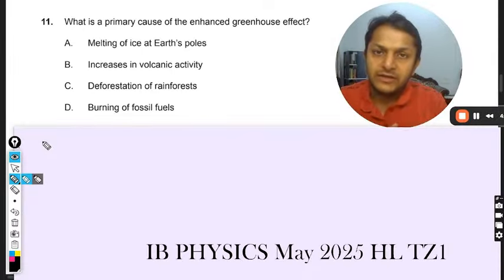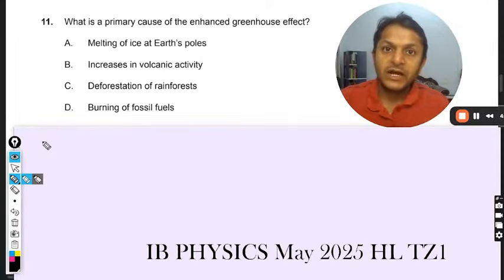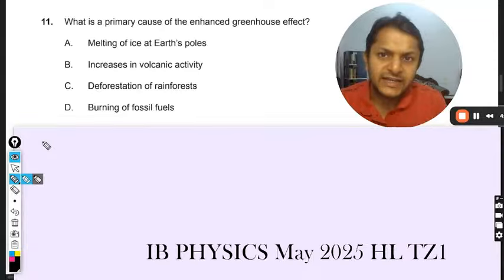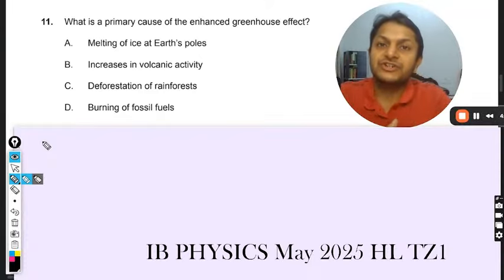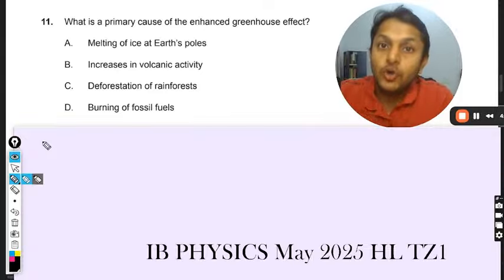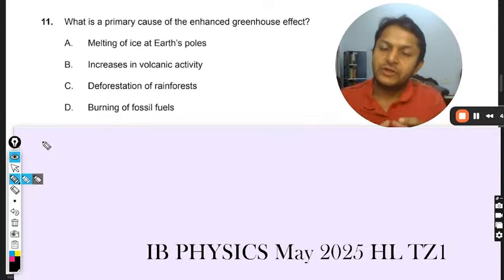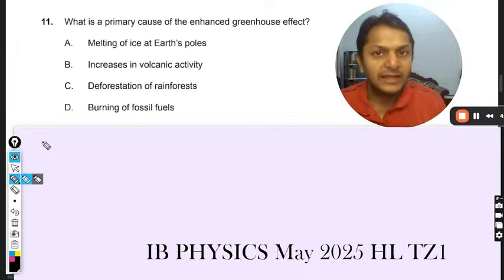Now, in IB, there are two different types of greenhouse effects that we study in our topic, probably B2. There is one greenhouse effect which is created by the earth and which is good for us, which creates warmth for us on the planet, and that is why we are able to live on this planet.